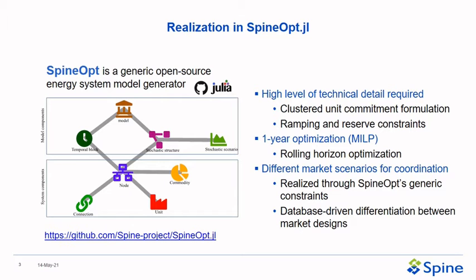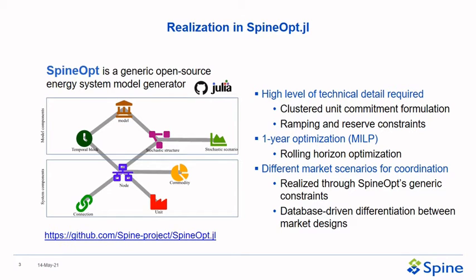I've realized this case study using the open source energy system model generator Spinopt, which is open source, available on GitHub. It's implemented in Julia. For those interested, here's also the link to our online repository. Spinopt ships with a high level of technical detail that is required for this particular case study.